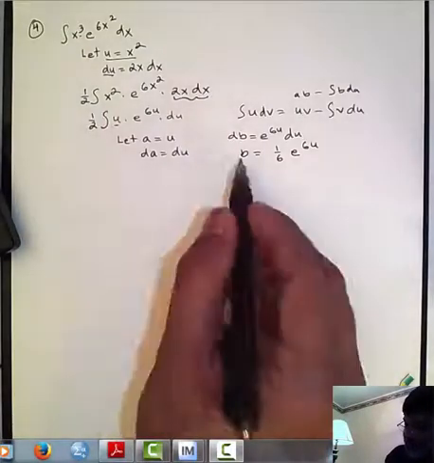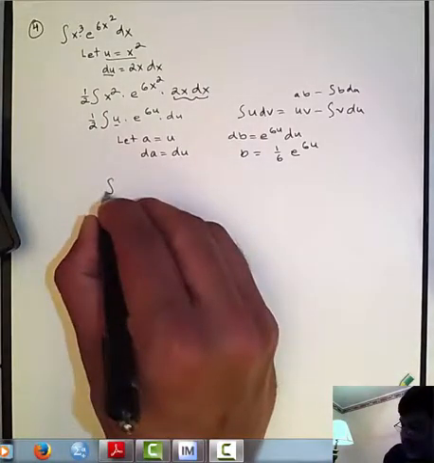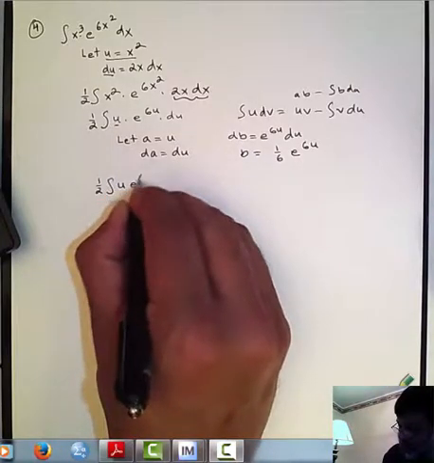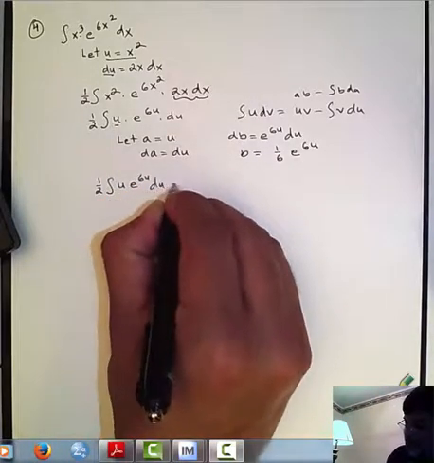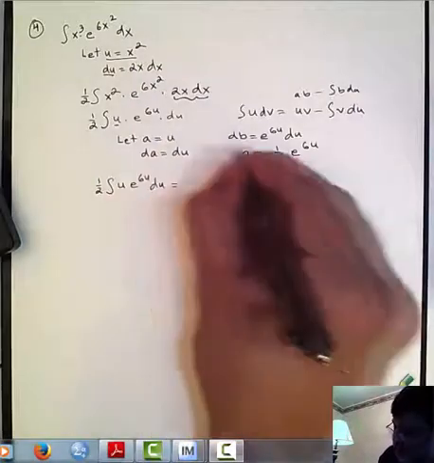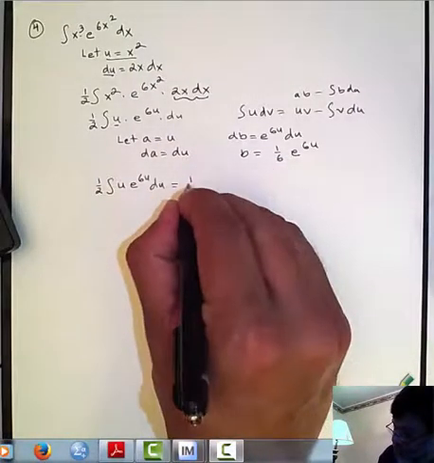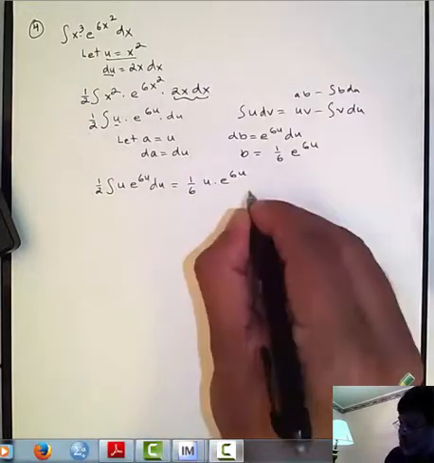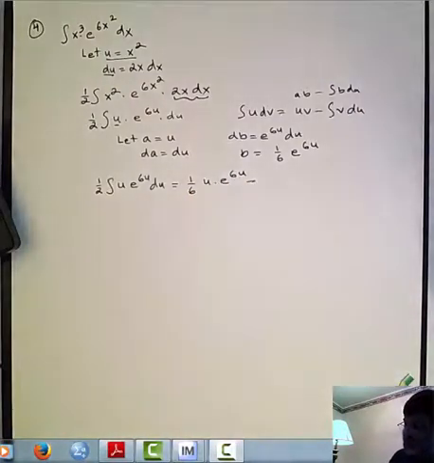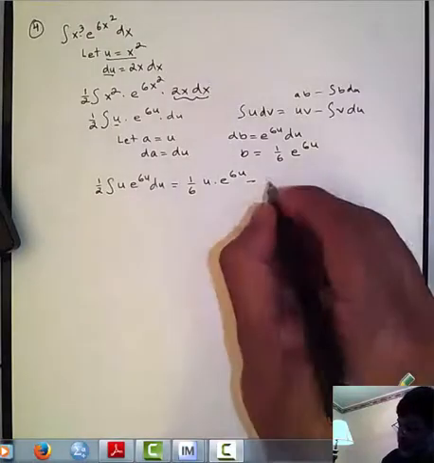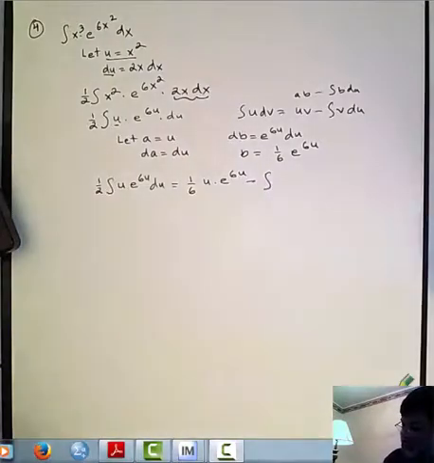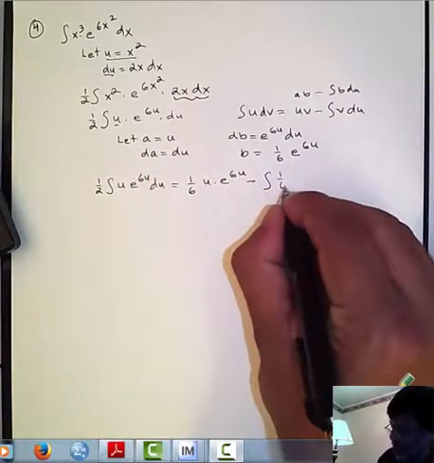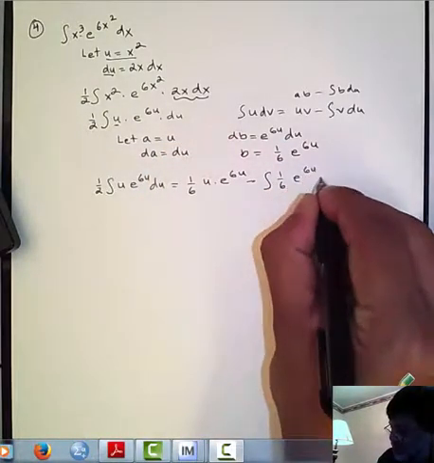So that's going to be ab, or 1/6 u e to the 6u, minus integration of b dA. So that's going to be 1/6 e to the 6u du.